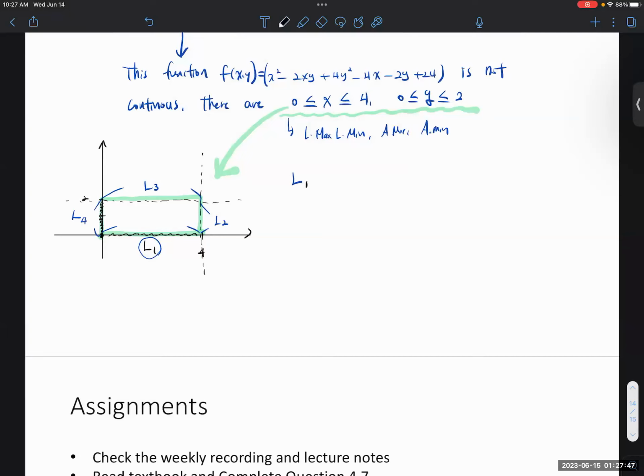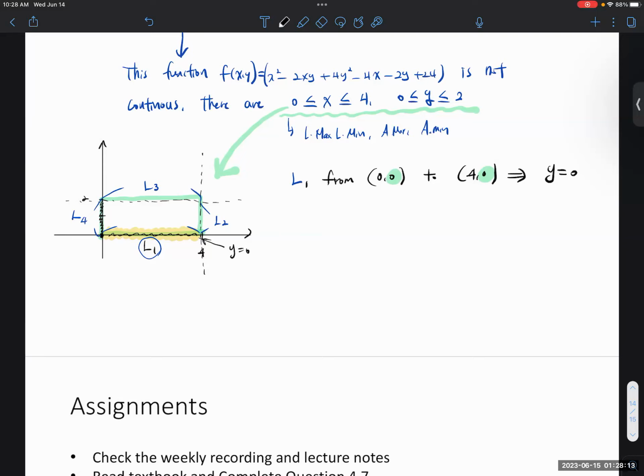L1 is from (0, 0) to (4, 0), isn't it? So what does it mean? They have the same y. So this is actually y equal to 0. So the equation for L1 is y equal to 0. Am I correct?